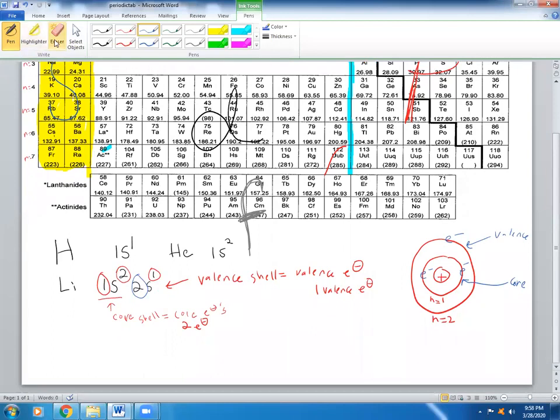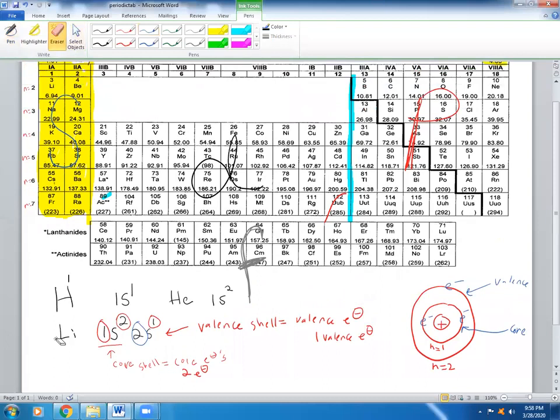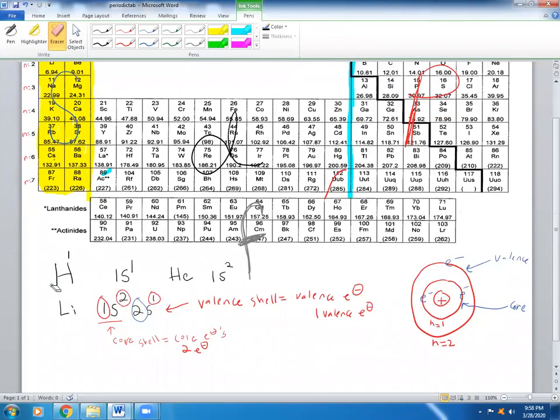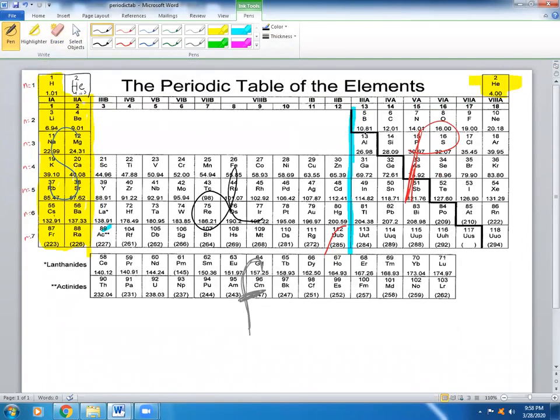Okay, so let's do more. Let's now jump to boron. Very well. So you have boron right here.